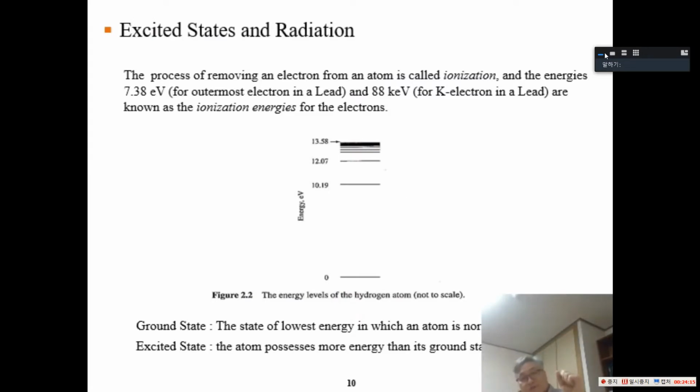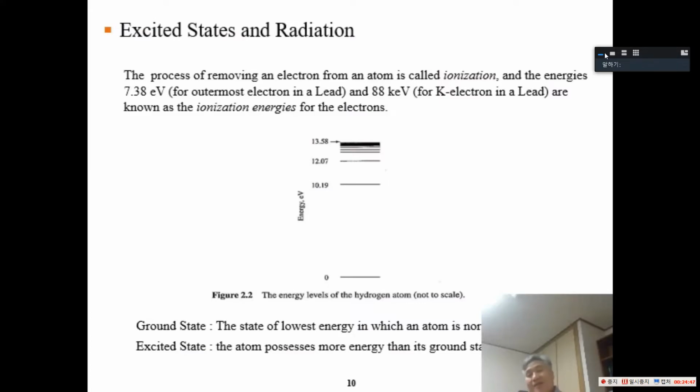X-ray and gamma ray are actually the same. X-ray has smaller energy, gamma ray has larger energy. But both are photons, with the same property. The only difference is the energy. If the photon has small energy, we call it X-ray. If the photon has high energy, we call it gamma ray.